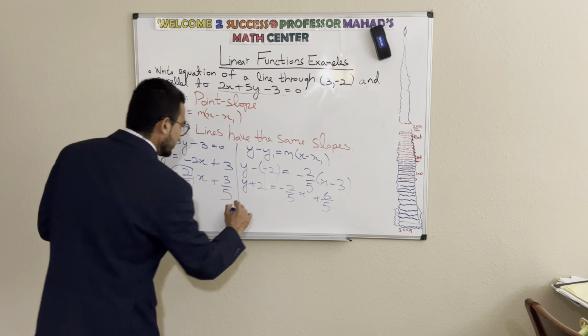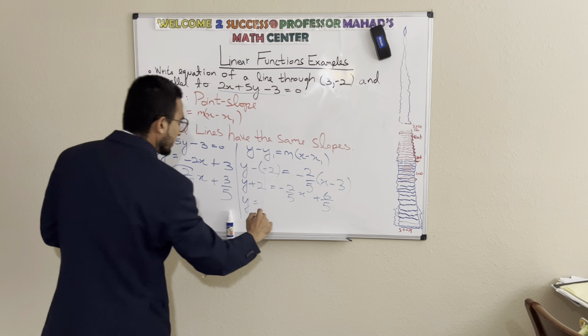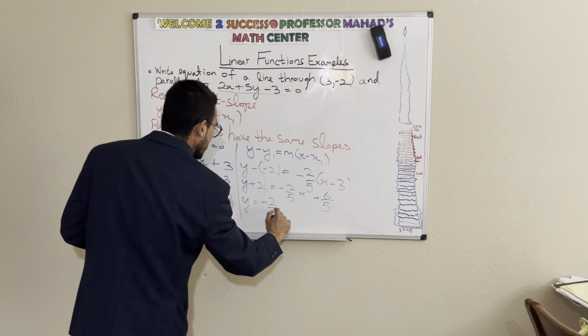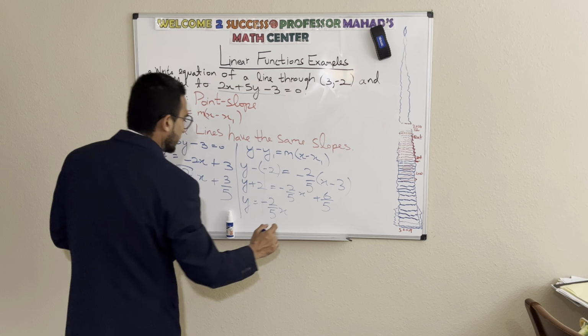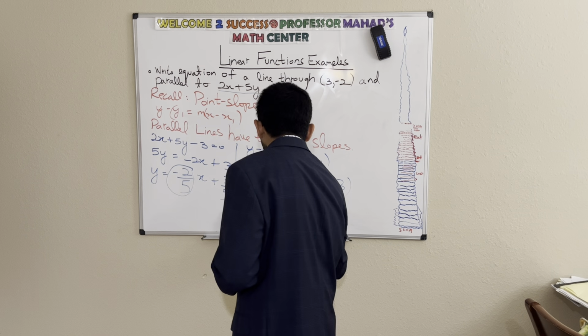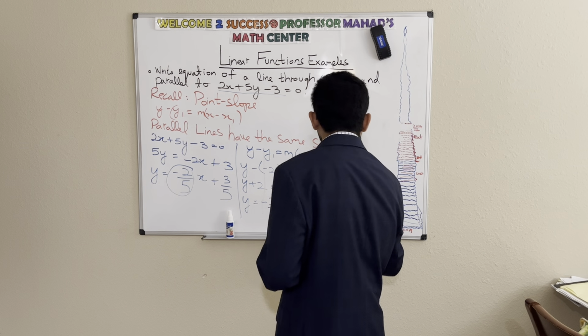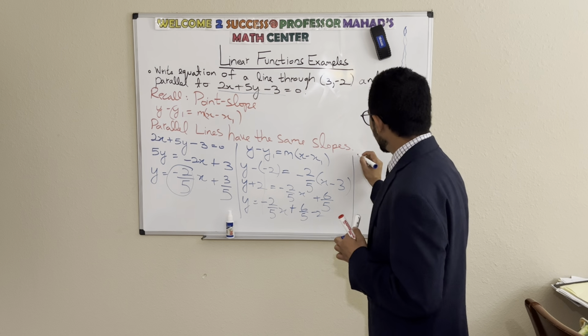And then we have y, we're gonna subtract this on the other side, plus 6/5 minus 2.